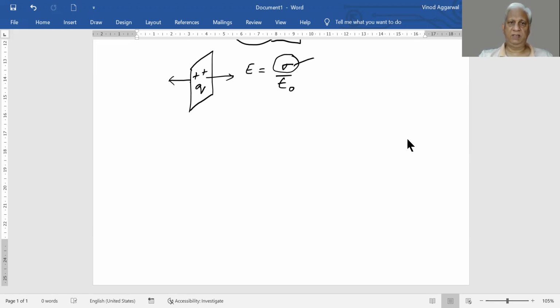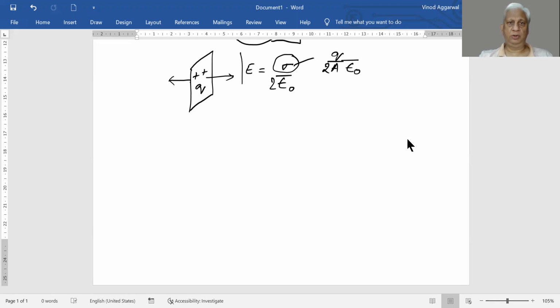If the Q charge is appearing on this face of it, then the charge density would be Q by A. Since the field spreads to both sides, it will be 2 epsilon naught.